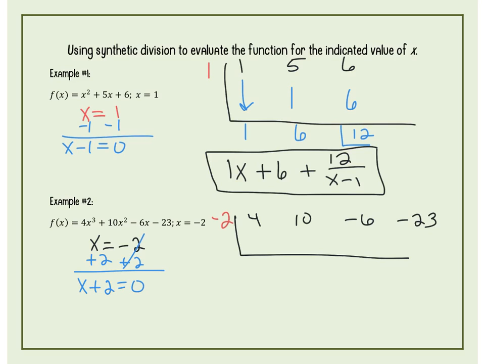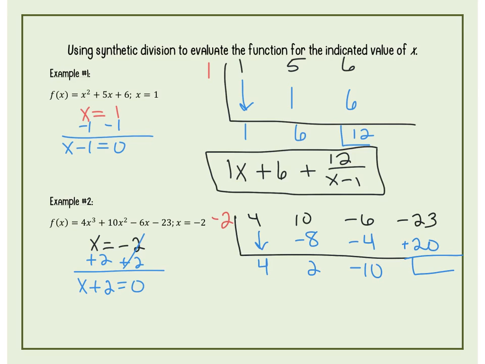Okay? Bring down the first number. Multiply with the number on the outside. Add those together. Multiply with the number on the outside. Add those together. Multiply with the number on the outside.